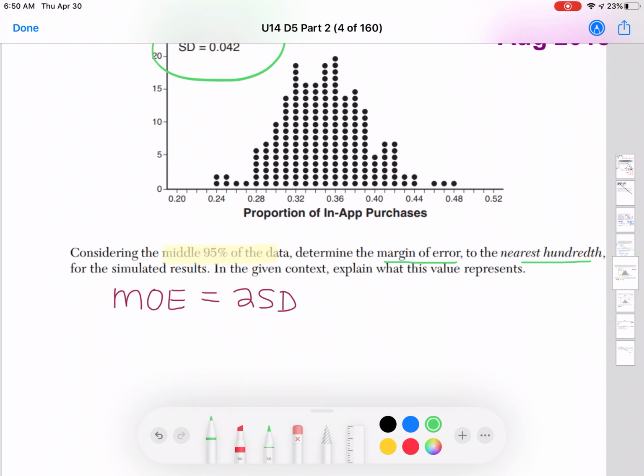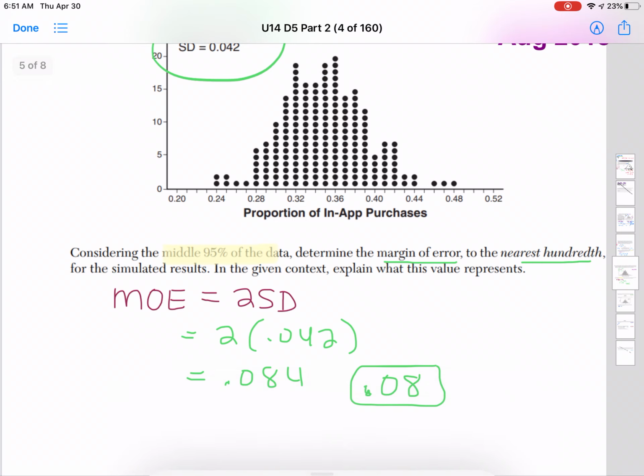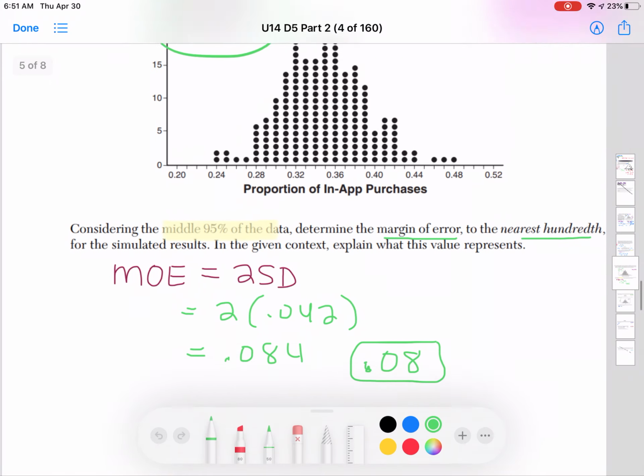Remember, margin of error is just twice the standard deviation. And they want to go to the nearest hundredth. And that's it. So it's pretty good stuff here that you guys can do.